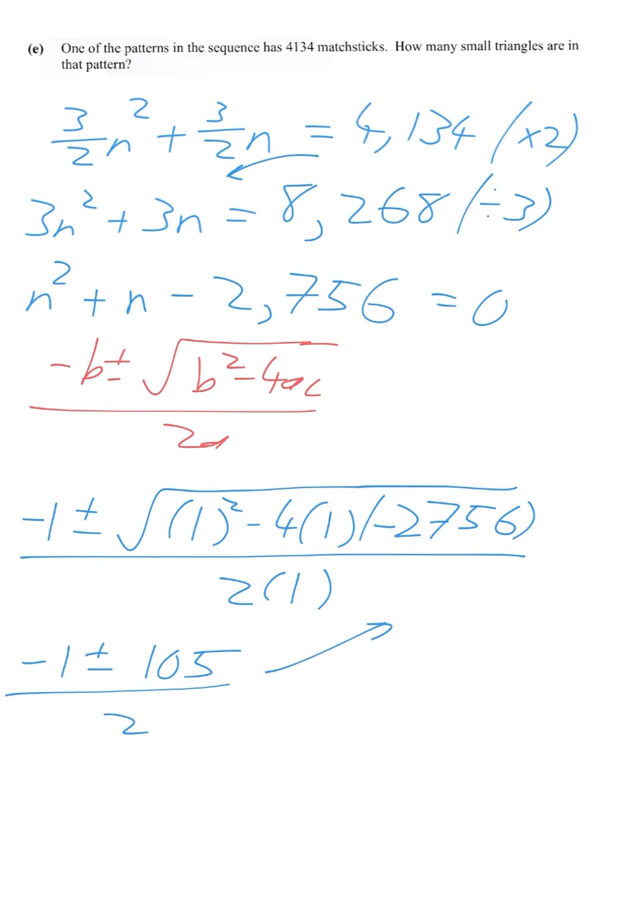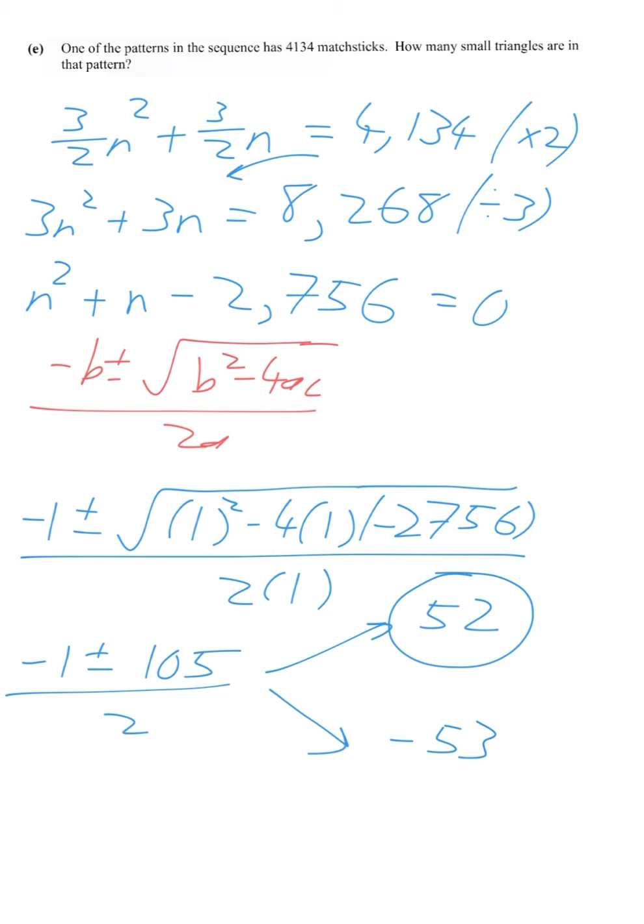So this will give us two answers: 52 and also negative 53. Now, we're looking for the term that will have 4,134 matchsticks, and we can't have a negative term, so we have to have 52. So it's in the 52nd term that there are 4,134 matchsticks.